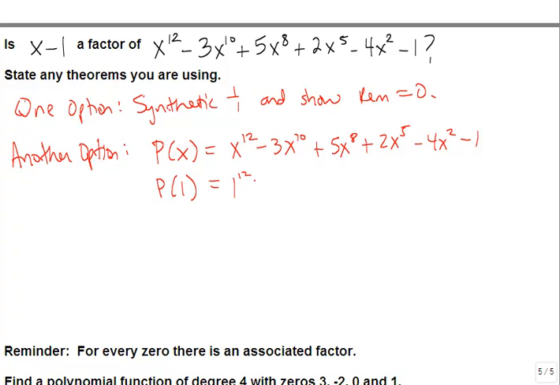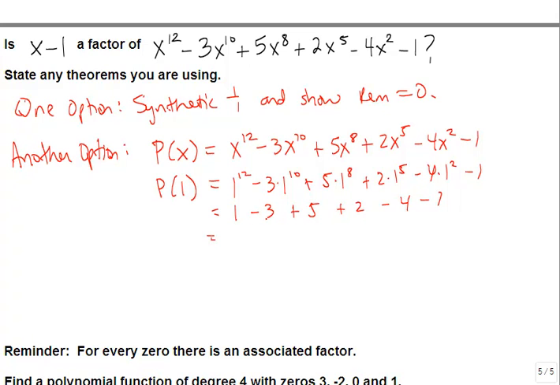So 1 to the 12th minus 3 times 1 to the 10th plus 5 times 1 to the 8th, and so on. And that's a little bit tedious, but not too bad because these are just 1s, right? So this would be 1 minus 3 plus 5 plus 2 minus 4 minus 1.